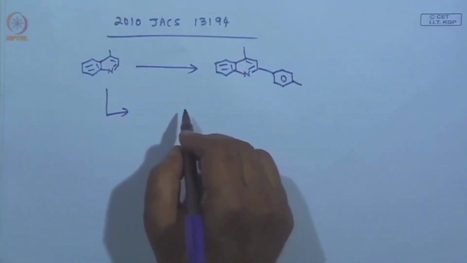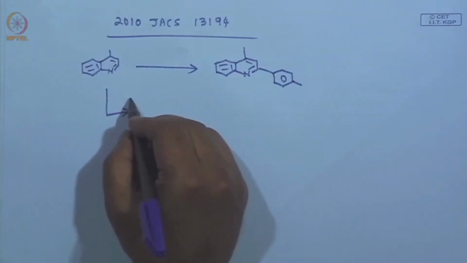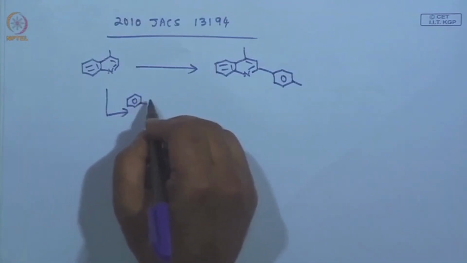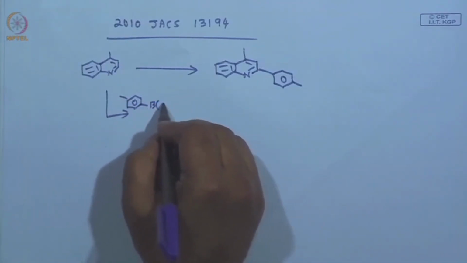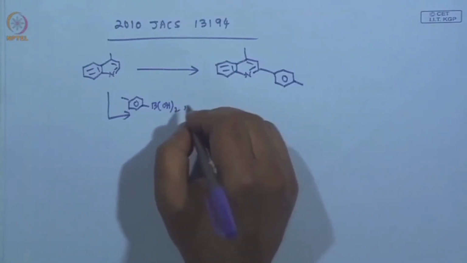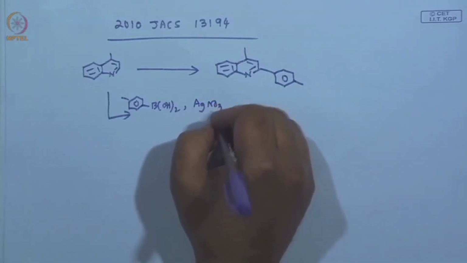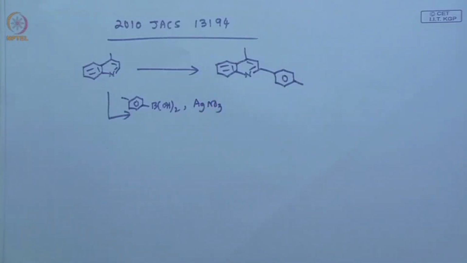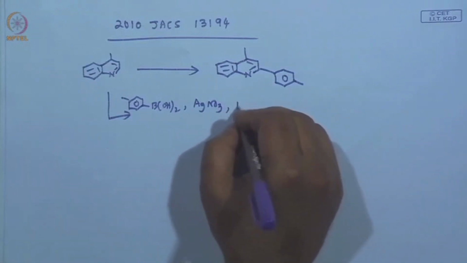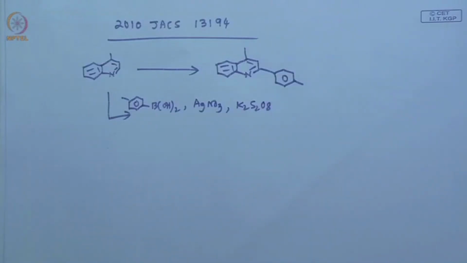So, Baran has of course come up with a different kind of solution. He has used the corresponding boronic acid, and then since it is an acid like carboxylic acid, you will also require silver nitrate, then potassium persulfate, and one more thing.